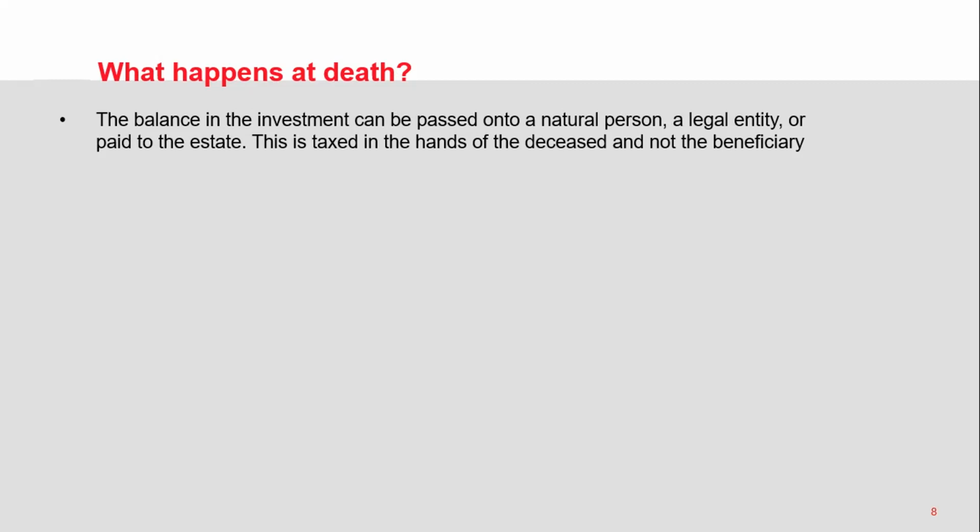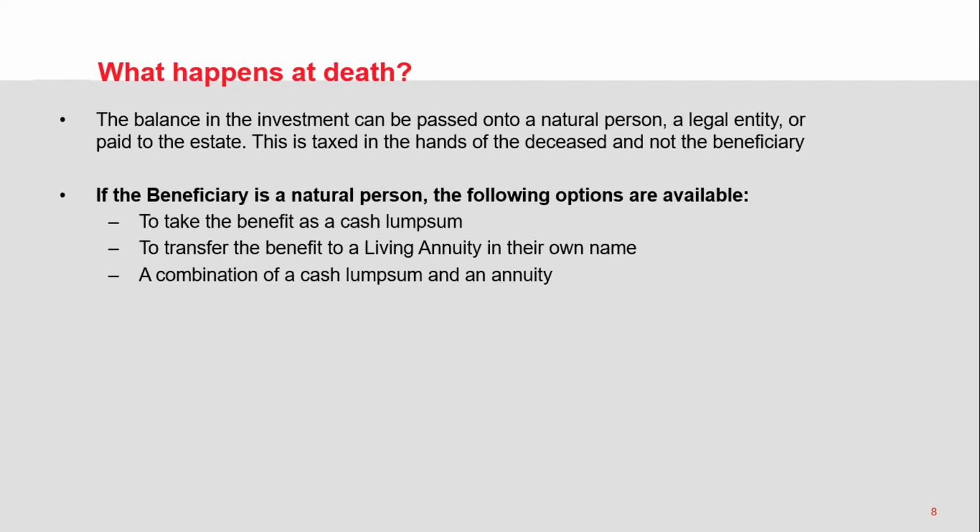And when it comes to the options, each beneficiary has a different option. So each beneficiary has one of three options. The first is to take the full portion in cash. You can transfer the full portion to a living annuity, if the beneficiary is a natural person, or you can do a combination.